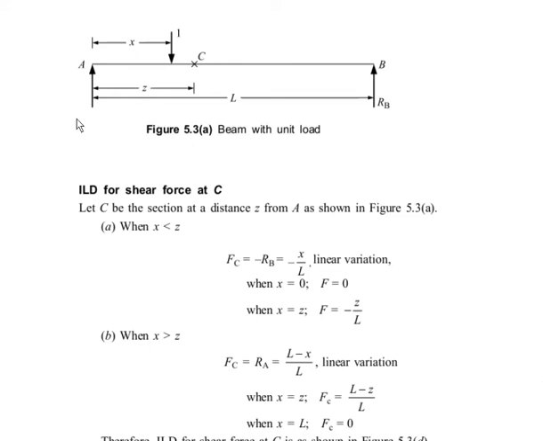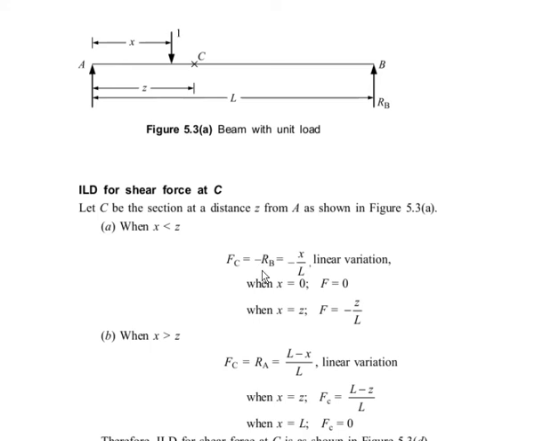You can take the shear force either from this side or this side. You already know how to calculate the shear force at any point on the beam. So in this case, either you can take the shear force at C is equal to RA minus 1, or from this side, the shear force at C will be minus RB.